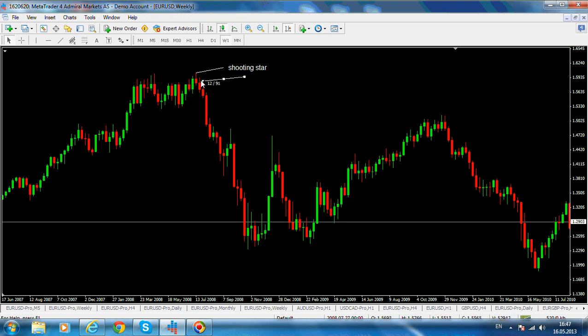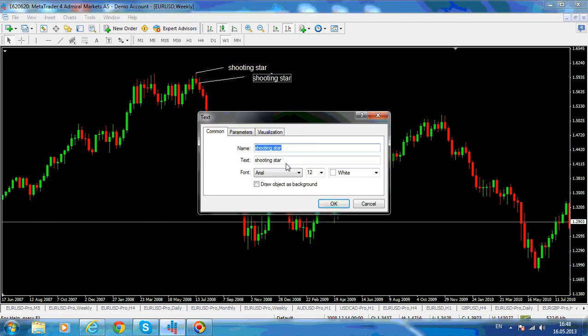This candle here is a normal confirmation for the bearish pattern, as it is a red candle.